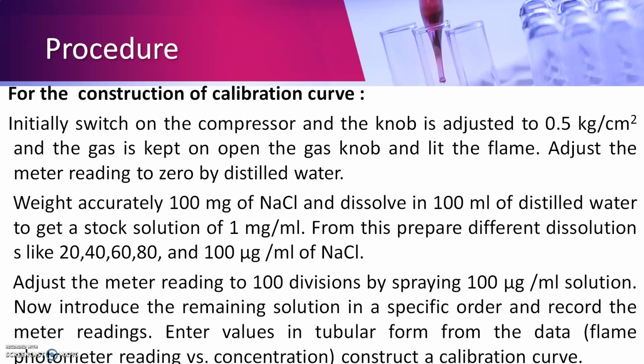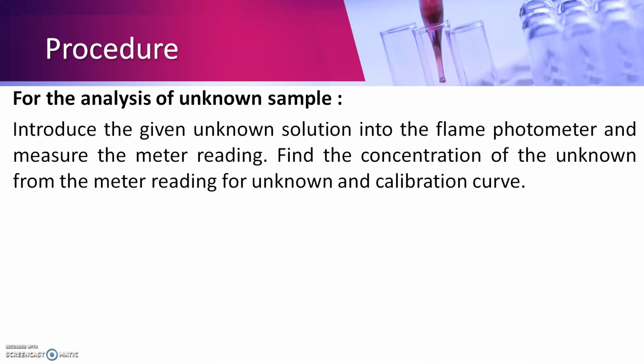Then enter the values in tabular form, flame photometer reading versus concentration, and construct the calibration curve. For the analysis of the unknown sample, introduce the given unknown sample into the flame photometer, measure the meter reading, and find the concentration of the unknown from the meter reading and the calibration curve.